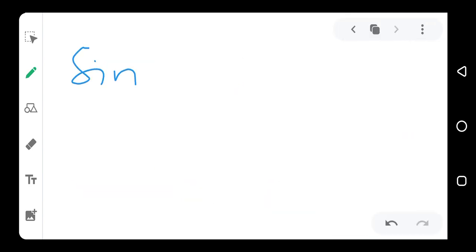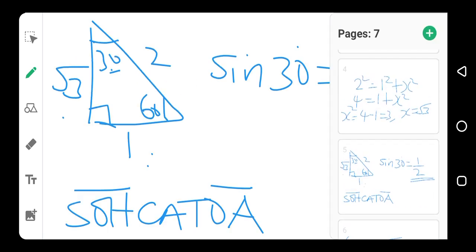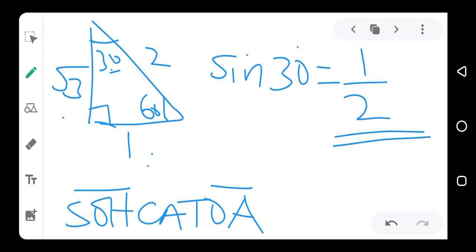For sin 60, if we are considering angle 60, that means this side becomes the opposite, while this side now is the adjacent. So sin 60 is opposite over hypotenuse, which is equal to root 3 over 2.